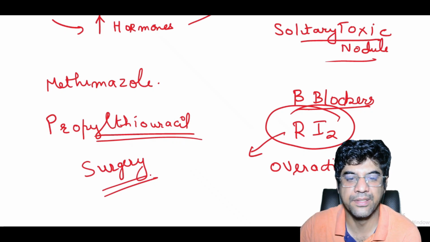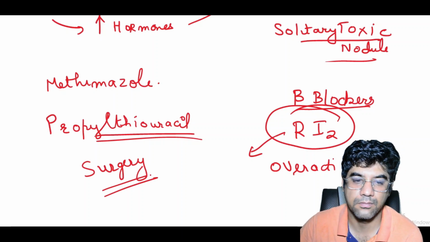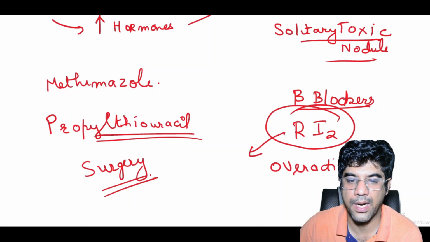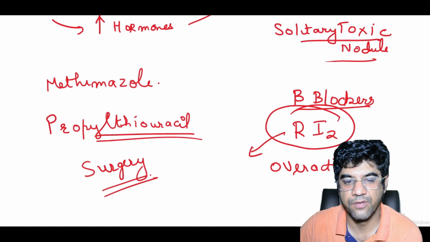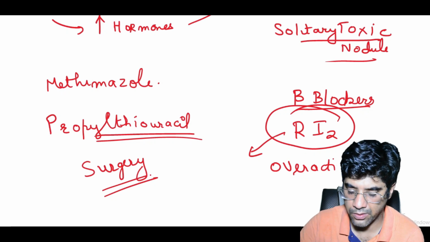In Graves' disease, you can give immunosuppressive therapy or provide treatment for exophthalmos. So, regular follow-up and monitoring of thyroid function tests and avoidance of excess iodine intake are important in thyrotoxicosis.